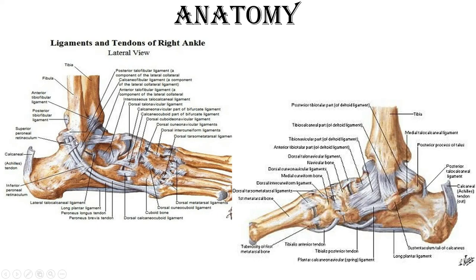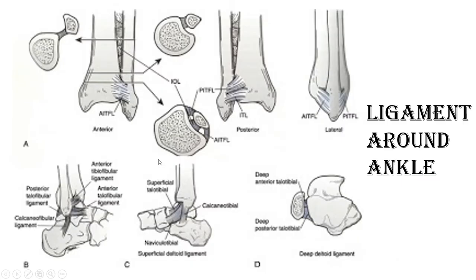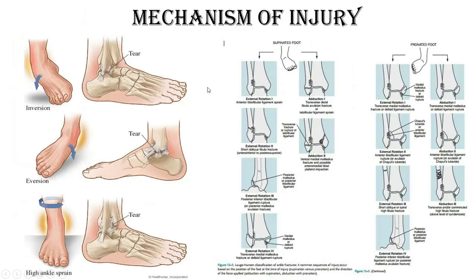This is the tendon of peroneus brevis, attached to the fifth metatarsal base, and this is the peroneus longus tendon. Now if we see the cross section, you can easily understand the disposition of the ligaments, and this is a short note on the anatomy around the ankle.